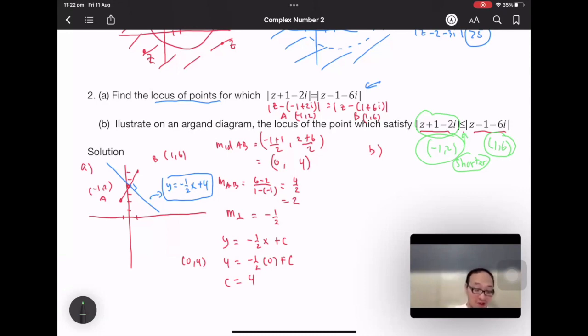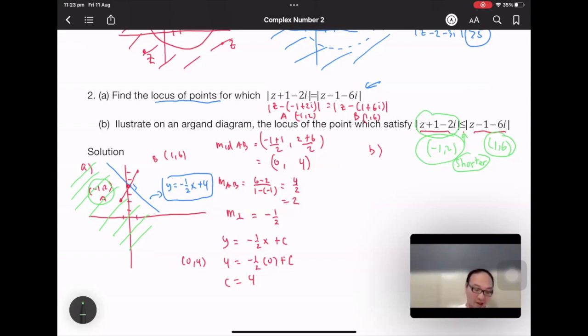So negative 1, 2 is here, A. So z will be closer to coordinate A rather than to coordinate B. So that means we have to choose one of the two regions from the line, the one that has a shorter distance to A rather than to B. So in this case, I will select this area because all the points here have a shorter distance to A rather than to B.